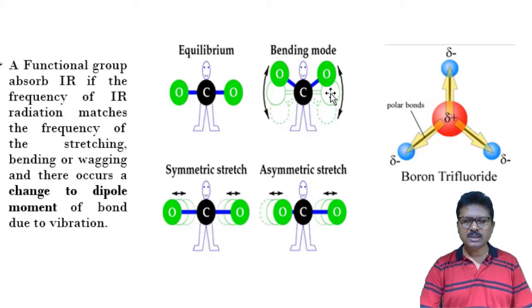Meaning at the previous position the dipole moment was 0. Now this is one vector, this is another vector. If we find the equivalent of these two with the parallelogram law, then we will get a particular dipole moment, and that will be in this direction.